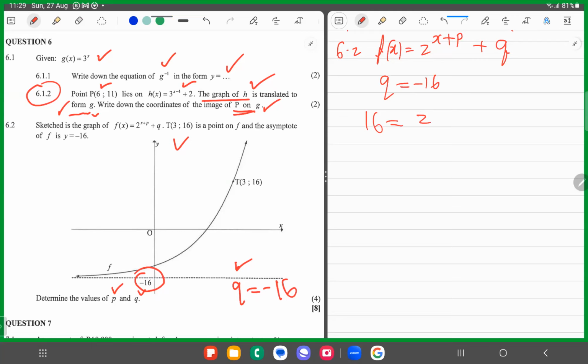We can take the point T with coordinates 3, 16, for example. This point is going to give us x and y. So y is 16 and x is 3, plus p, plus q, which is minus 16.